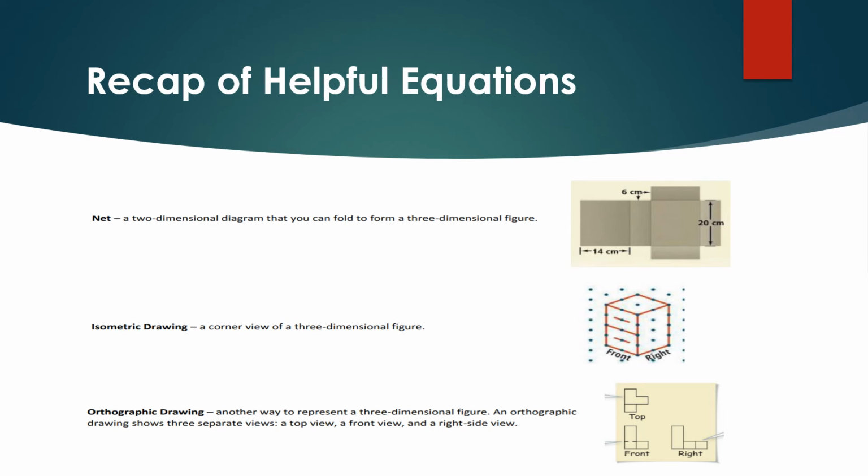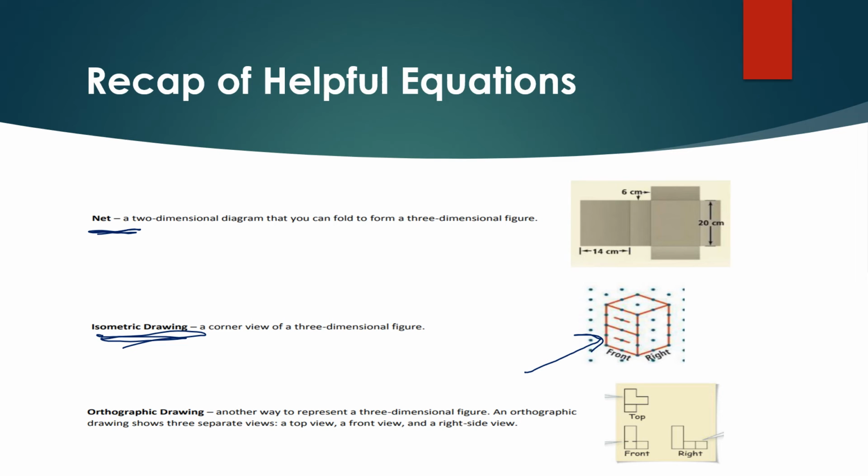So here's a quick recap of the different types of drawings we have. We have the net. The net is a 2-dimensional diagram that could fold into a 3-dimensional figure. So kind of imagine deconstructing a cardboard box. We could always fold it together again to create the 3-dimensional object. An isometric drawing is a corner view of a 3-dimensional figure.